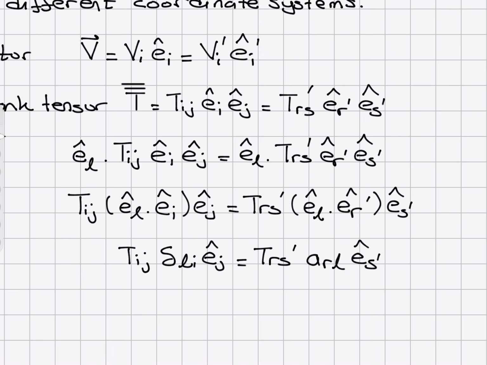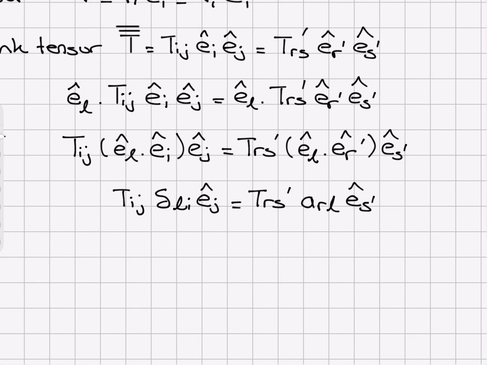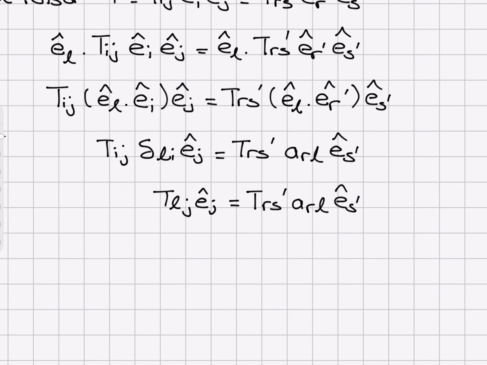This is e_s prime hat now. Now the Kronecker delta tells us that i's should be replaced with l's. So I'm going to have, instead of T_ij, T_lj e_j hat. And here I have T_rs prime, a_rl, e_s prime hat. Now I'm going to take another dot product with e_m hat.